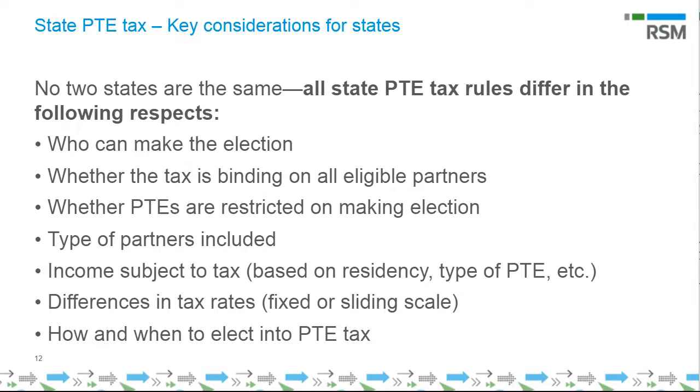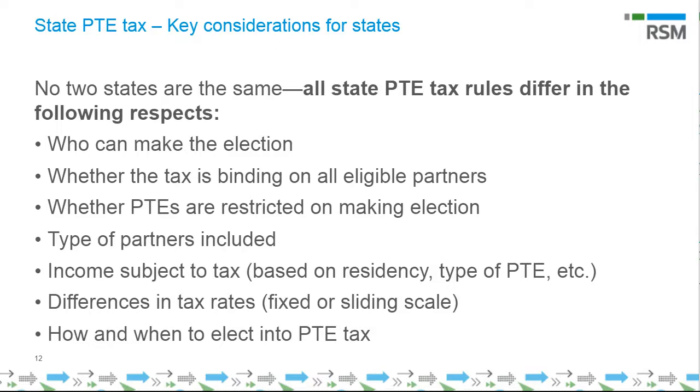As we were looking at an analysis on whether or not to make a specific election, you have to have a good understanding of what happens and how each partner is impacted. So as Patrick's previous example that he just went through highlighted, the treatment of a resident partner of New York is substantially different than that of a non-resident partner.